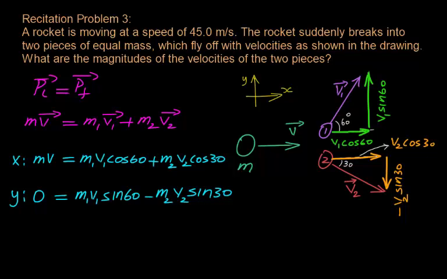Since m1 and m2 are equal, they should cancel here. m1 equals m2, which equals the total mass divided by 2, right?